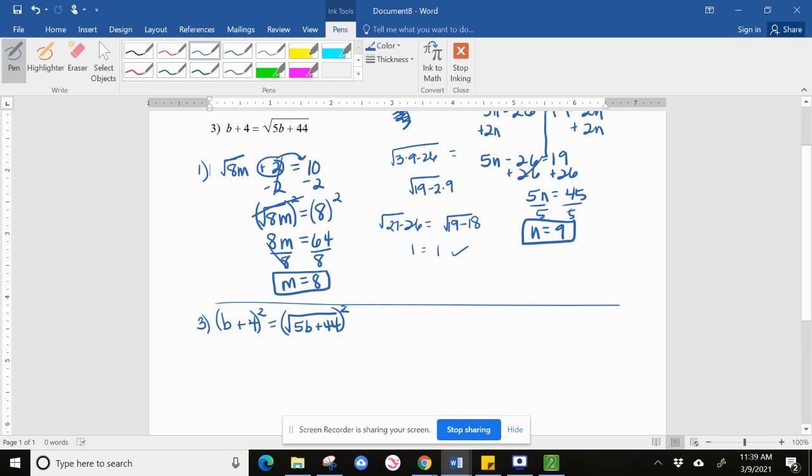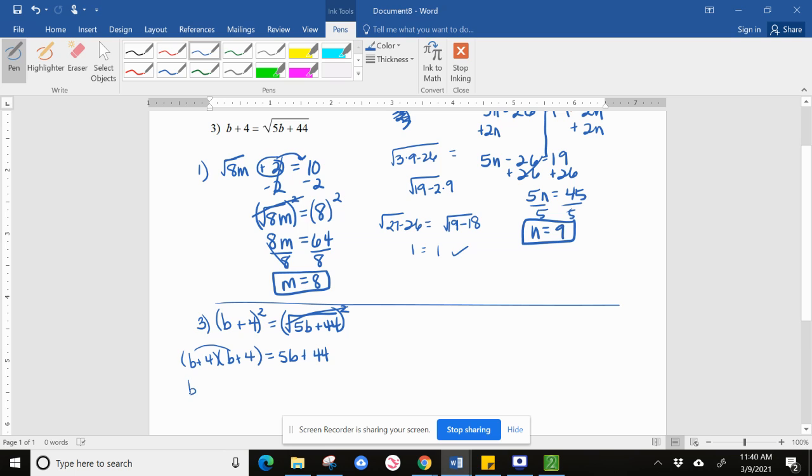Okay, so on the right-hand side, 5b plus 44 is ready to go. On the left-hand side, b plus 4 is being squared. It is not under a root like it was on number 2. So we have no choice but to square it, and that means expand it and multiply it all out.